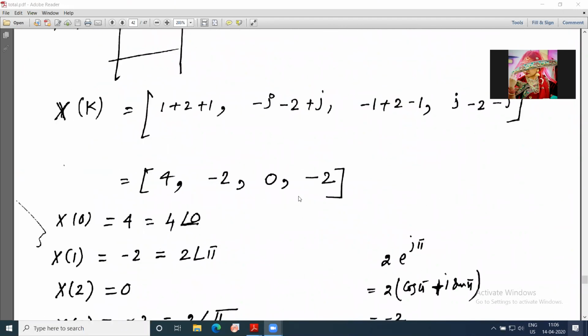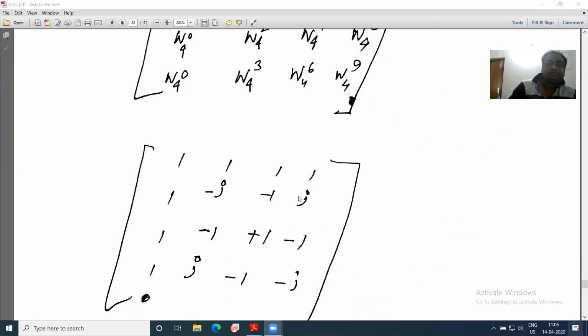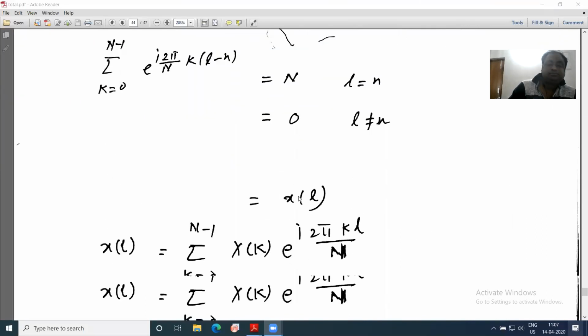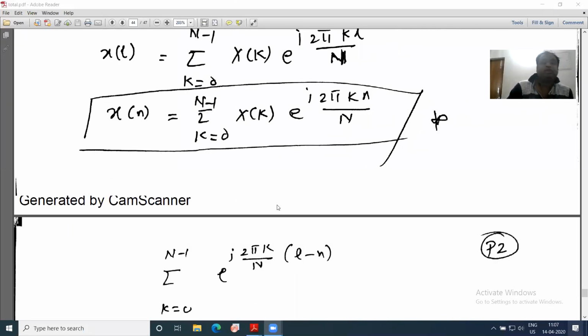Now, in case of this expression, 1 by n X of k e power j 2 pi nk by n, what will the equation be in terms of W?